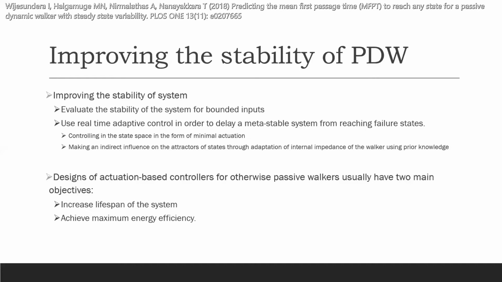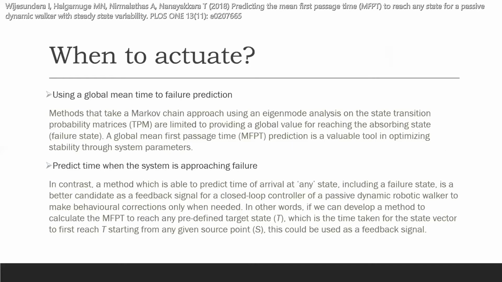So applying an external force to actuate an otherwise passive dynamic motion is a complicated task, because an incorrectly applied actuation could easily drive the system into failure. Therefore, it's important to select an actuation form, level, and timing correctly.